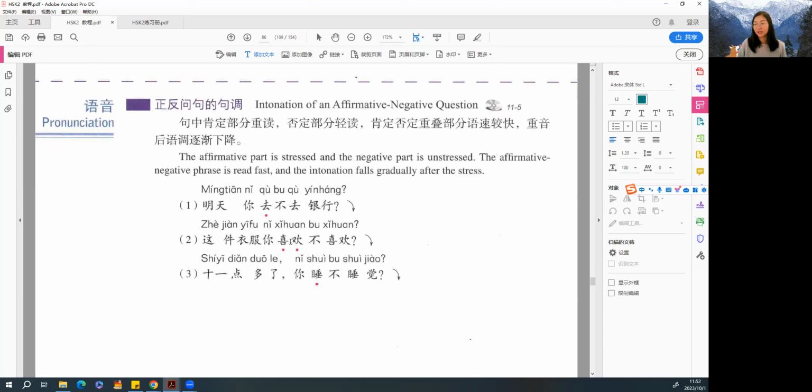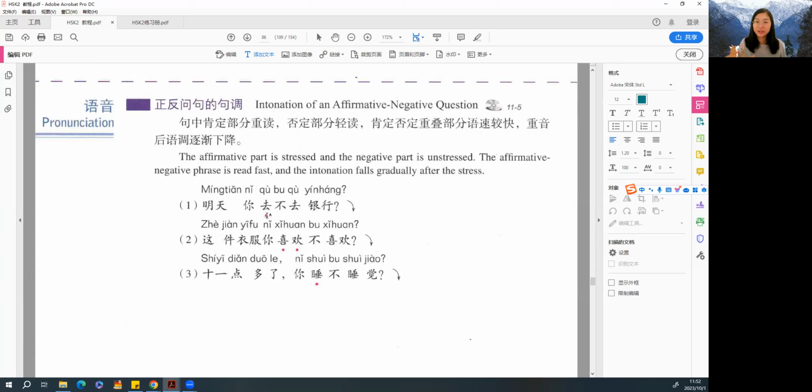Go or not, like it or not like it, sleep or not sleep. So people will definitely know that you are asking a yes or no question, and I'm going to do it or I'm not going to do it. This is a very simple question. So for yes or no, you can simply put the action.